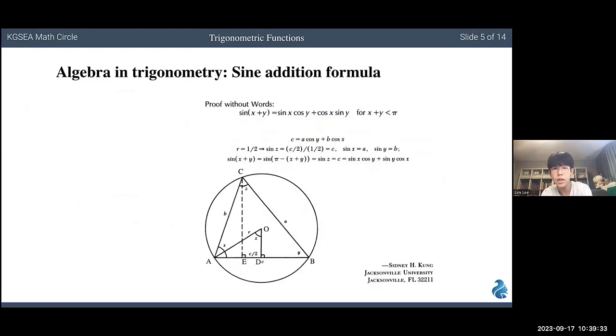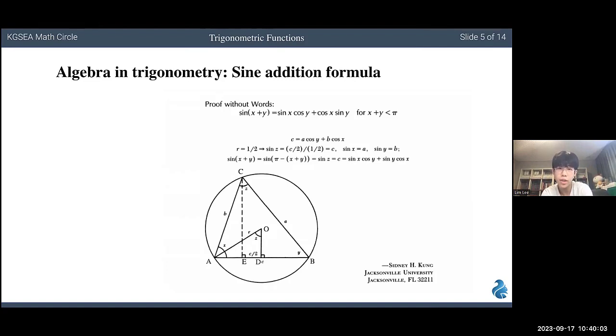I'll give you a few seconds to read it over, and I encourage viewers at home to try and make sense of this diagram on your own too. I think that was enough time to at least get a grasp of what this solution is trying to prove.